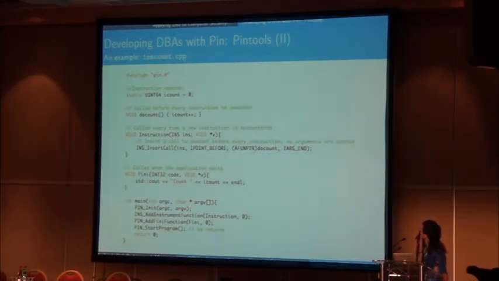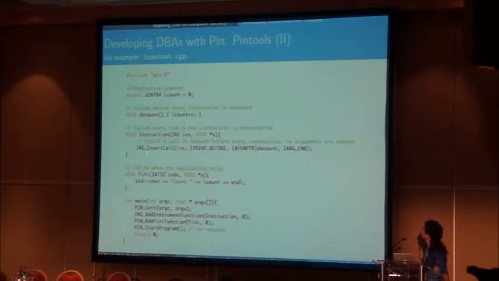As an example, let me comment on one of the examples provided with PIN. This just counts the number of instructions that are going to be executed. In your typical C main, you need to call this function, and then you only have to add the call to the instrumentation function that you want to define. In this case, they are defining a function at the granularity of instructions.